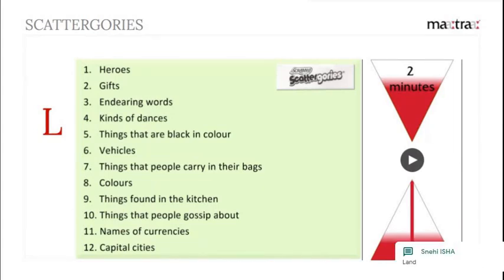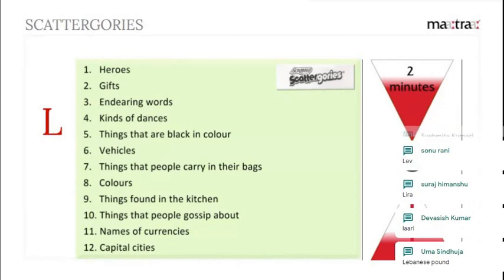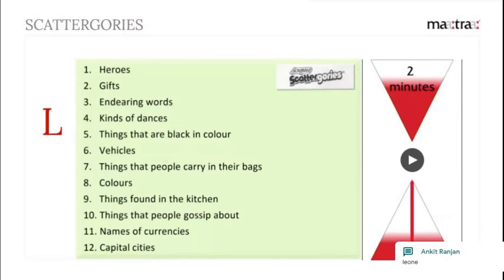Okay, name of currencies. Lari from Maldives, Lira from Turkey, Lev, Lari, Lebanese pound. Very good. I don't know where Leone is from, but it sounds about valid.